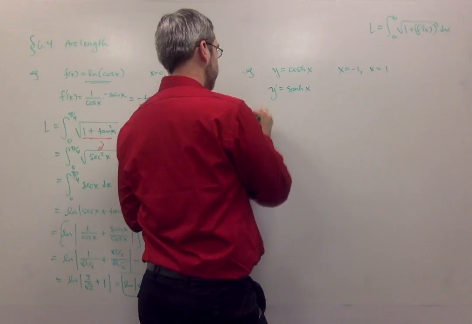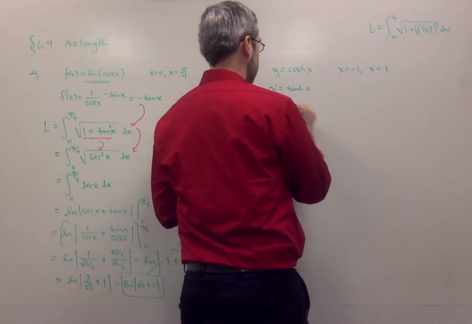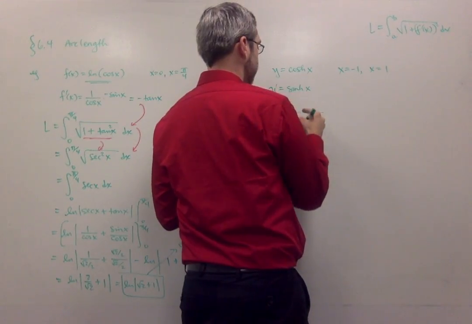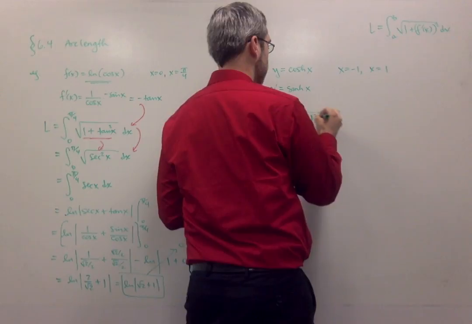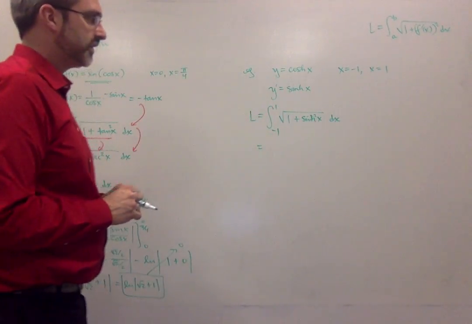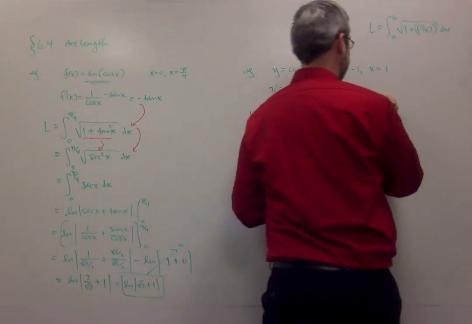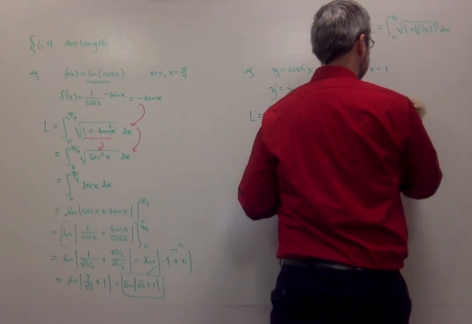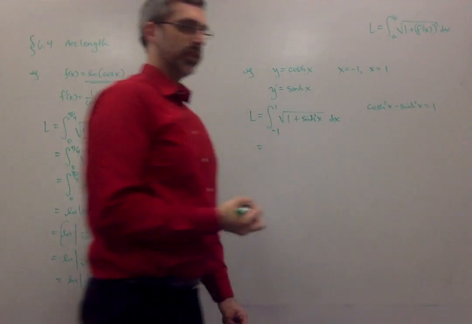And if we then look at the arc length from -1 to 1, 1 plus the derivative squared, so 1 plus sinh squared. This is another hyperbolic trig identity that we had before. Cosh squared minus sinh squared is 1, just like cosine squared plus sine squared is 1.